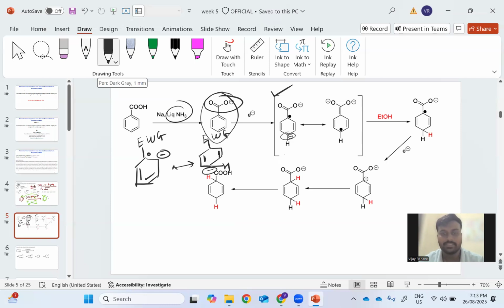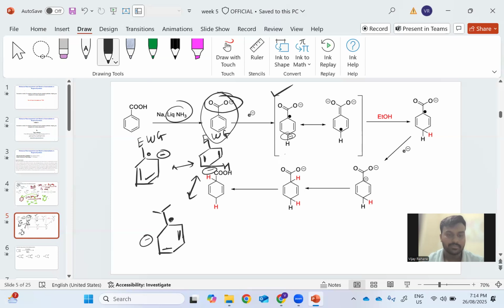Obviously it is based on delocalization. If you delocalize this negative charge, the delocalization will be here, the negative charge. Now the bond position is here, and here there is the negative group, and here that was the radical.